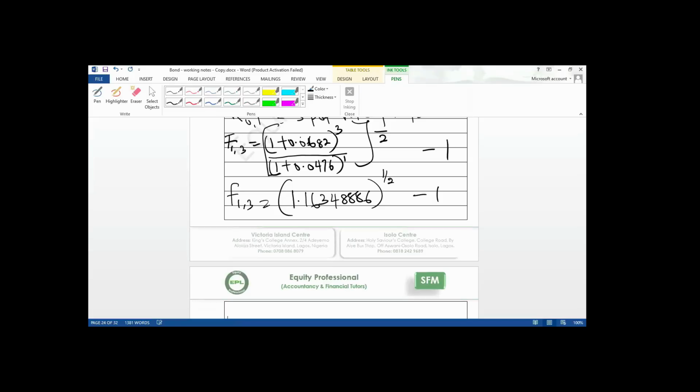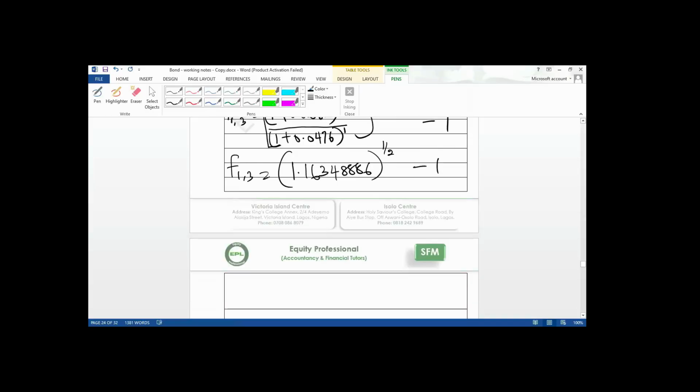I'm just trying to expand the margins more. Okay, let's go to it.